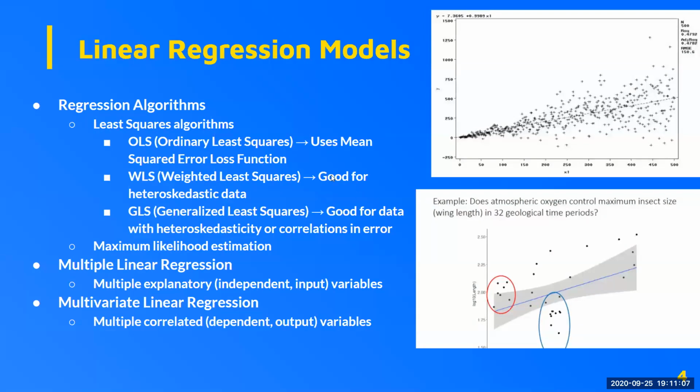But multiple linear regression can take however many dimensions you want for your input, right? So rather than just taking one feature of your data set, you can take like 4 other things into account. And multivariate linear regression, on the other hand, is when you have multiple output variables.